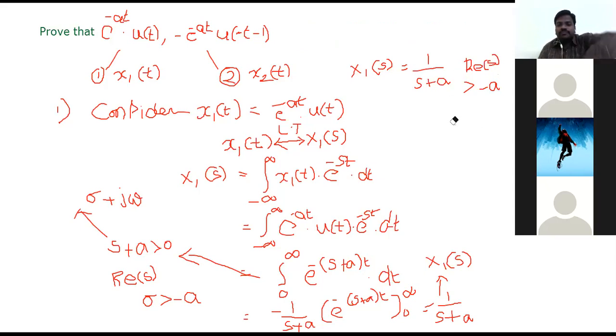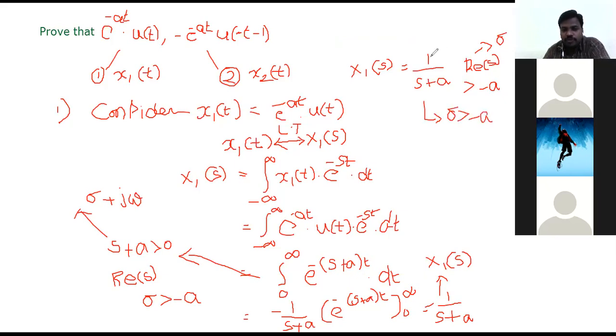Okay, so the real part of s is simply sigma. Sigma is greater than minus a. So simply I can write it like this. The ROC of this first function is sigma greater than minus a.